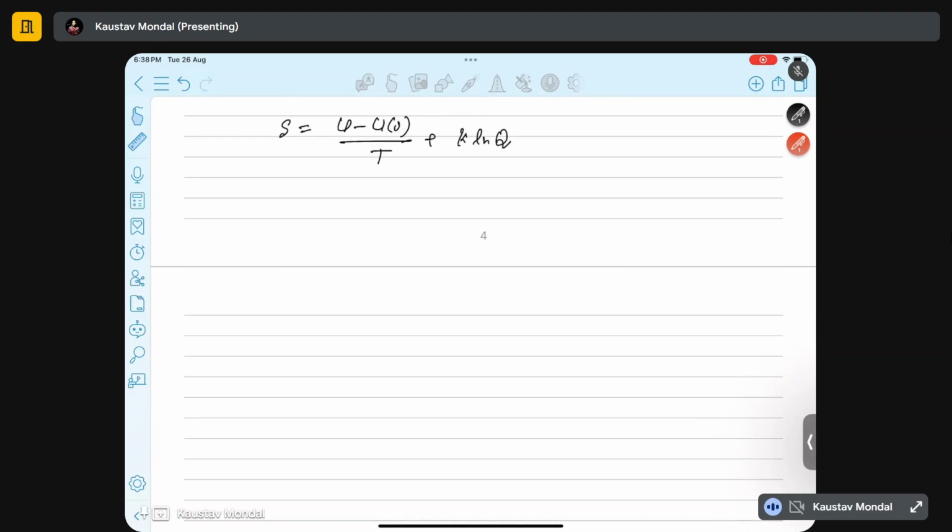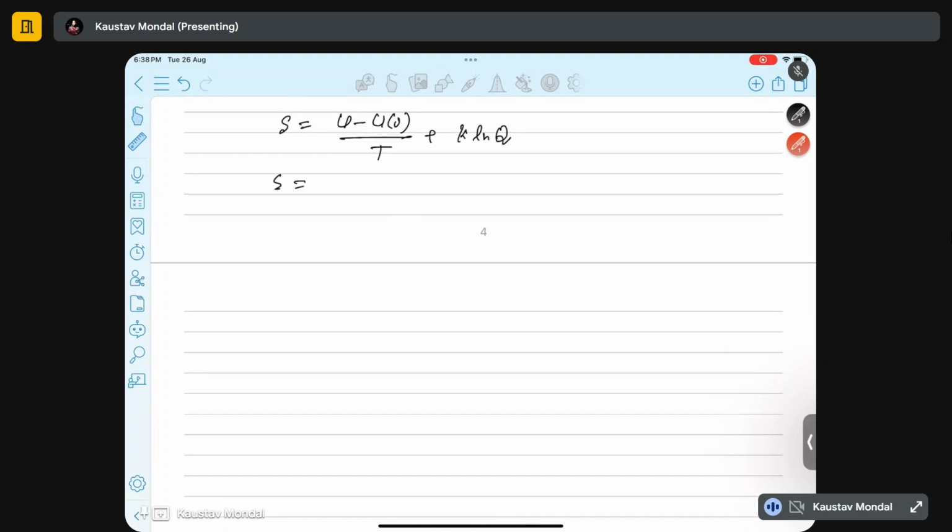Now we will simply substitute all these things: U minus U0 by T plus k ln Q, where Q is Q^N by N factorial.